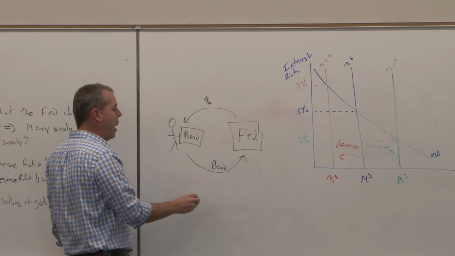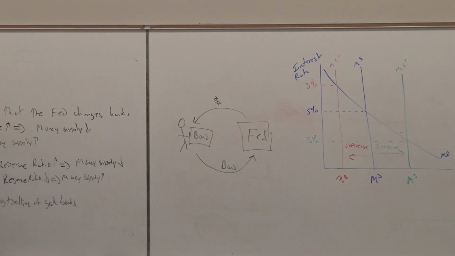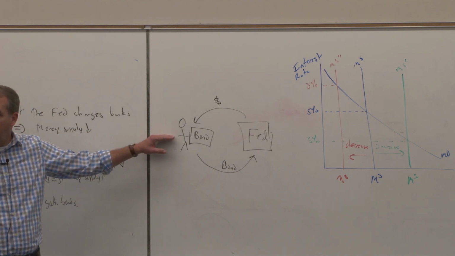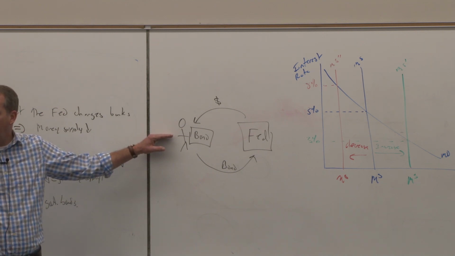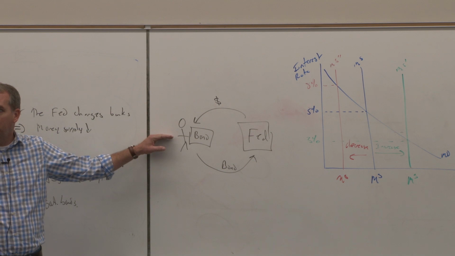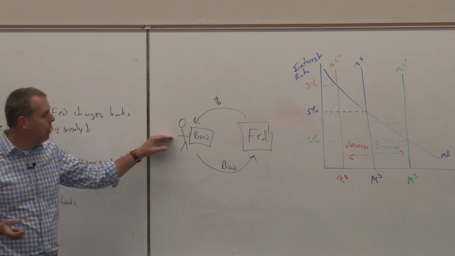So if they're buying bonds, you're going to see the money supply increase, right? Because now I don't have pieces of paper. I can't take the bond to Walmart and buy groceries with it. But I can take the cash.